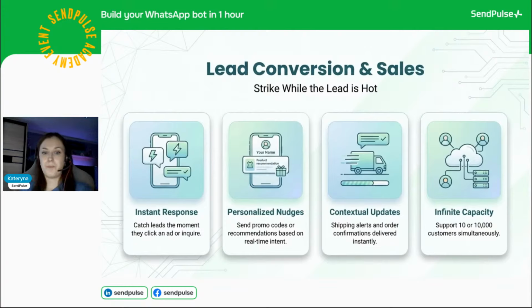Like when they leave items in the cart, for example, you may send them promo codes or just nudge them to do their stuff faster. Also, you may send shipping alerts or order confirmations as well. And the main thing, I guess, and most important, you may support not only 2 or 3 people, but 10 or more people simultaneously at one time, because it will be handled by WhatsApp.